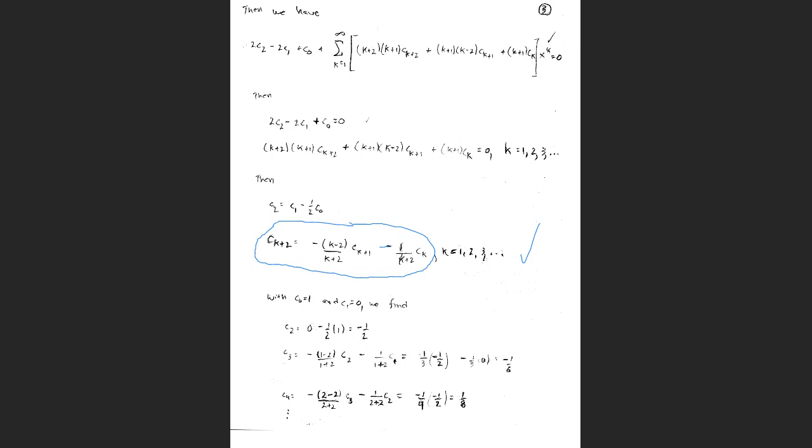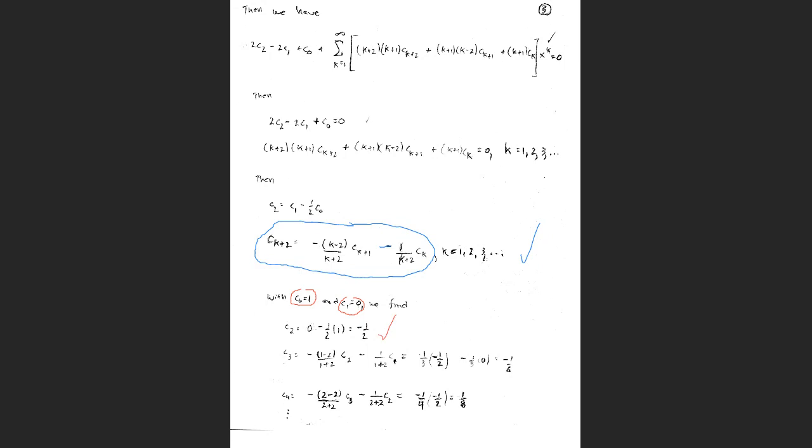So, okay, what are we going to do now? We're going to do the same thing we did last time. We're going to let C sub 0 equal 1 and C sub 1 equal 0. And by doing that, we can solve for C2. C2 would equal -1/2.